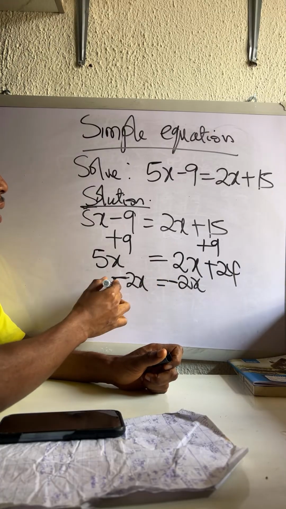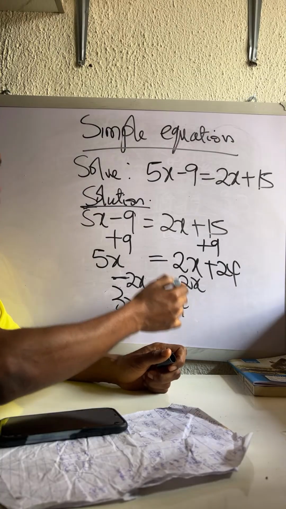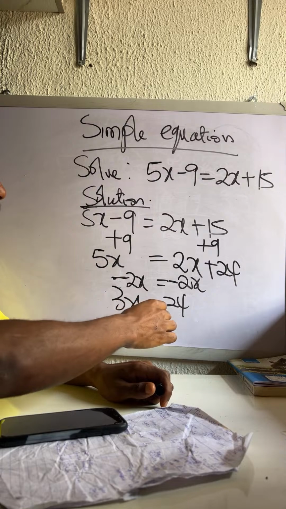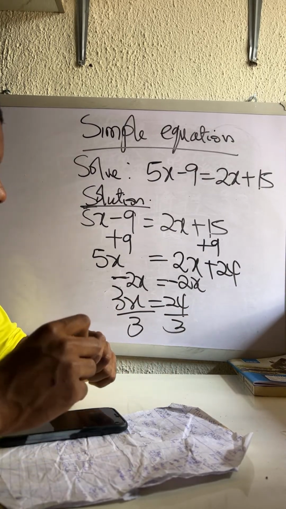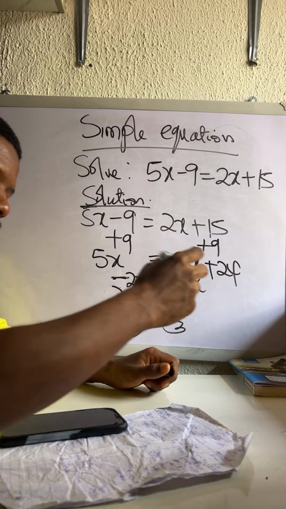Here you have 3x, and you are left with only 24. So for you to get the value of x, you just divide by 3 on both sides.